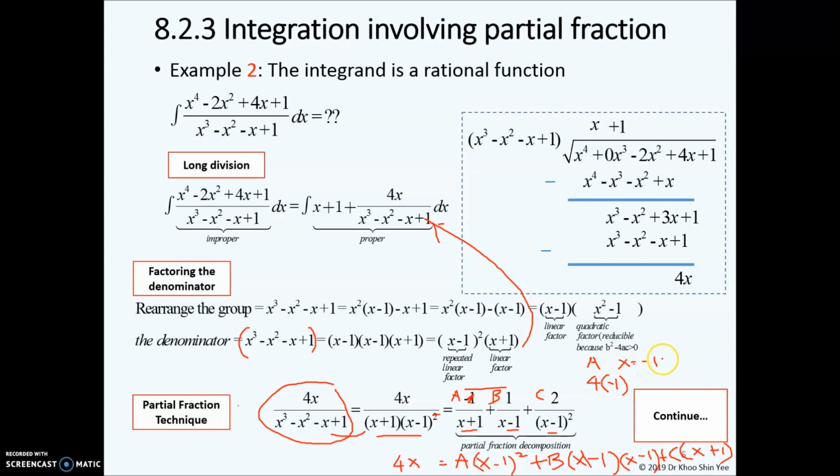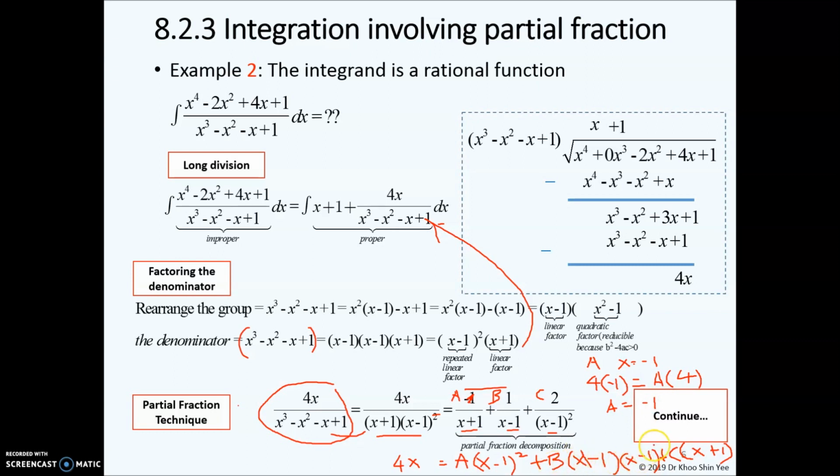So we substitute x equal to negative 1 and continue. On your right hand side you get your a, negative 1, negative 1, negative 2, to the power of 2 you get 4. With that you are able to get a equal to negative 1.